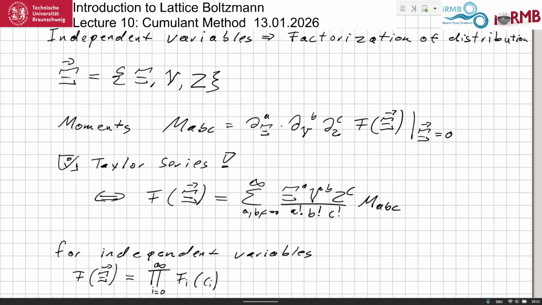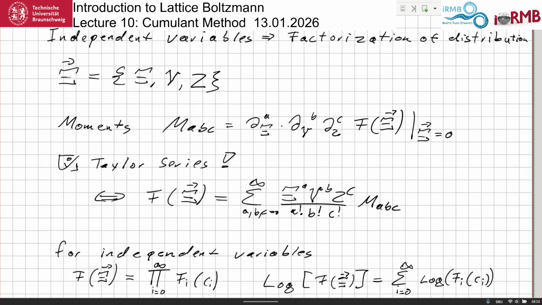What we know how to do is a sum. Sum to product. Okay, last chance. The logarithm. So what we do is we take the logarithm of f of xi. This will give us a sum from i to infinity over the log of f_i of c_i.